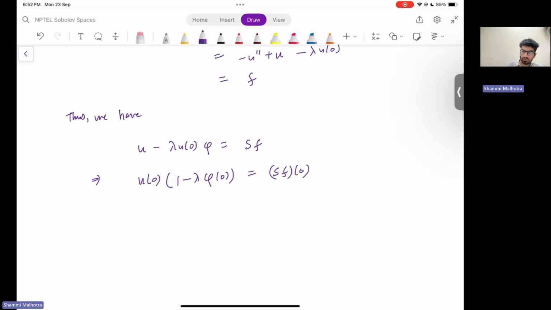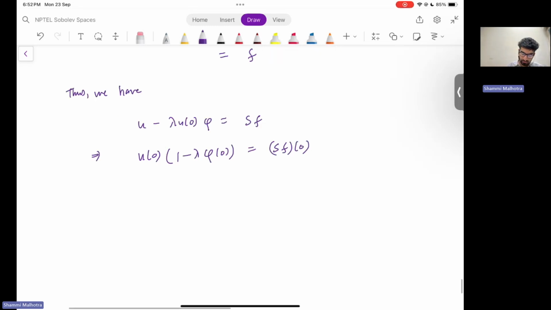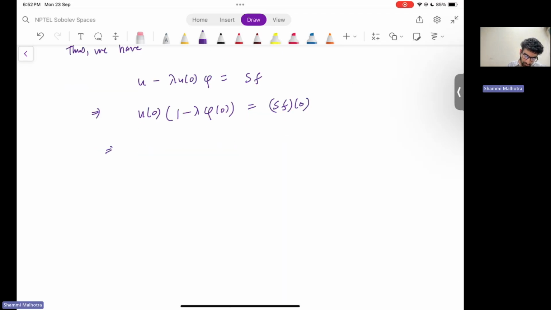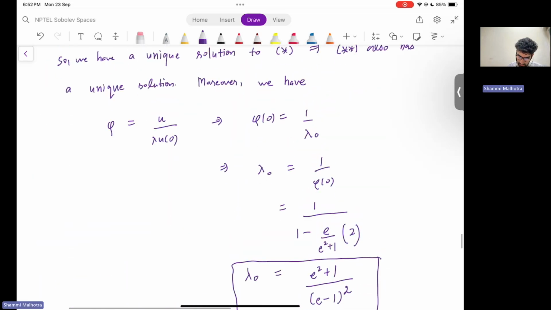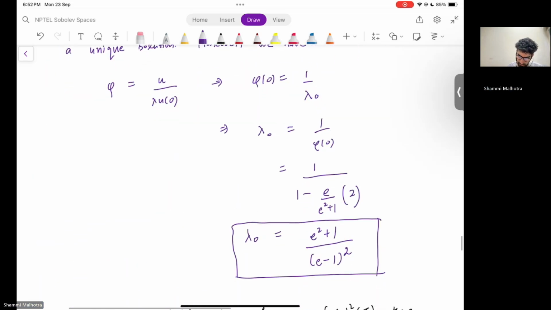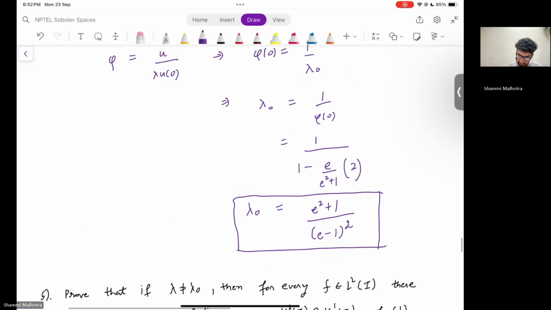Since F is given to us, SF is also well defined and the value SF(0) is valid. Moreover, phi(0) is nothing but 1 upon lambda naught, which we just saw in the last part.